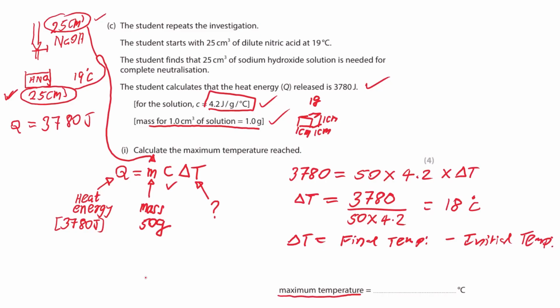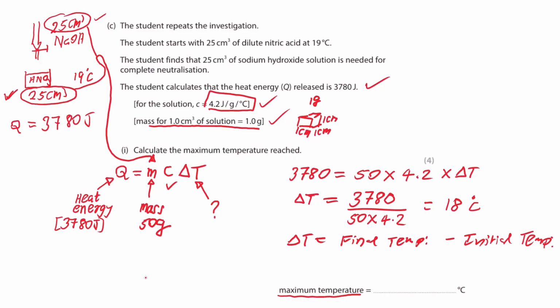For an example, in the morning when you wake up, the temperature in your room is like 15 degrees. By the daytime, at 12 o'clock noon, it becomes 20. They're asking what is the temperature change? You wake up at 15 degrees and by noon it became 20. So you have a temperature change of 5 degrees. It doesn't tell you the temperature when you wake up, and it doesn't tell you the temperature during the daytime.